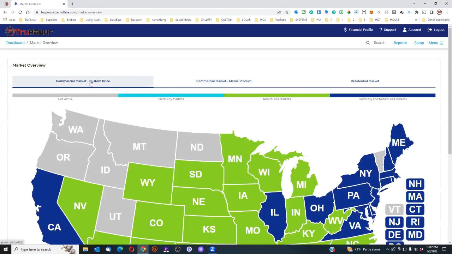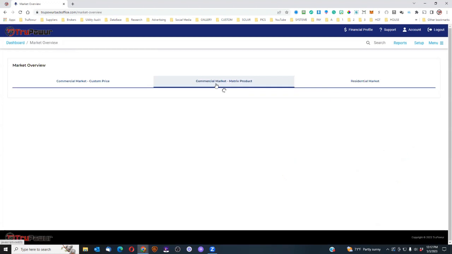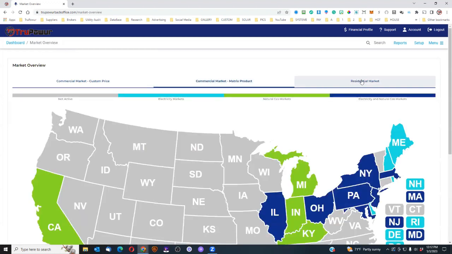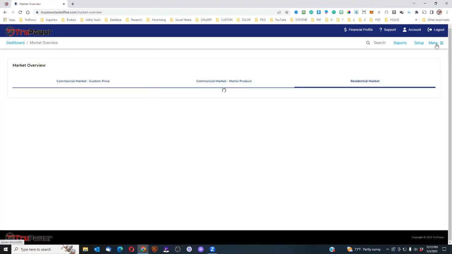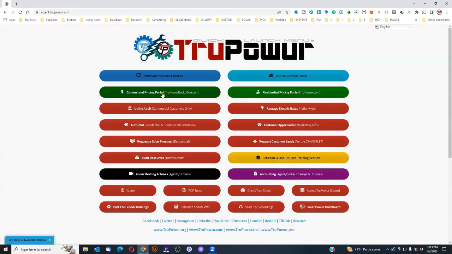For example, commercial custom pricing in a lot of states, a lot less for commercial matrix pricing and residential pricing. So market overviews and market data analytics, and we'll go into more training a little bit later down the road. So that is the back office of the pricing platform.